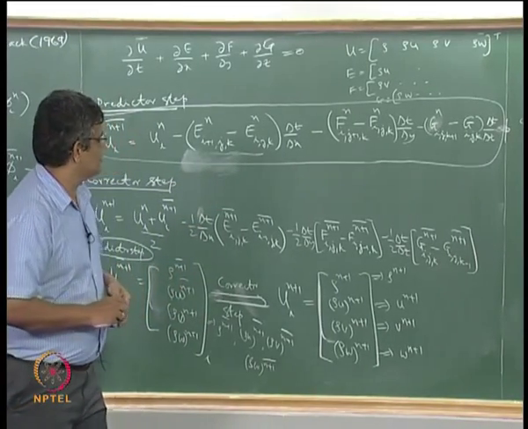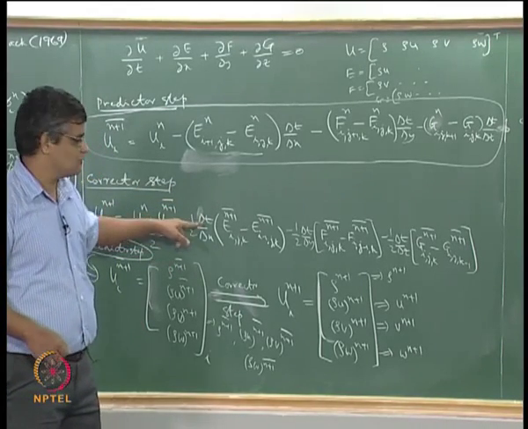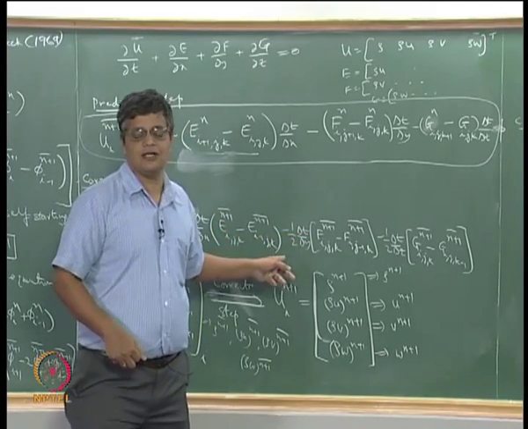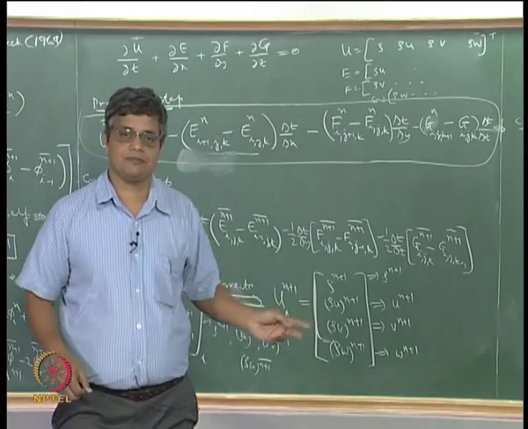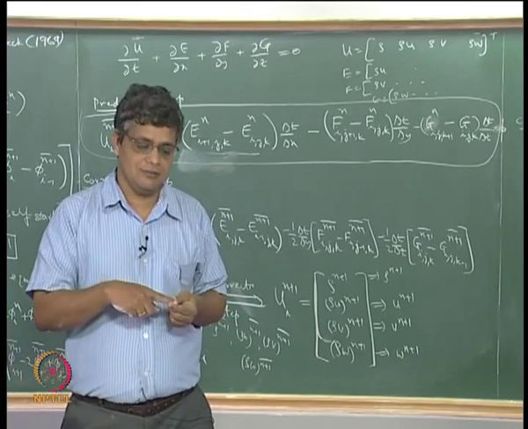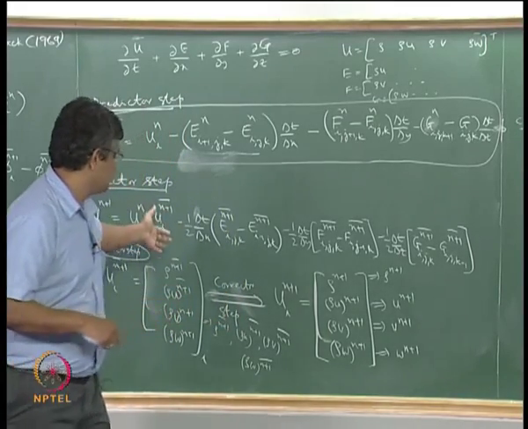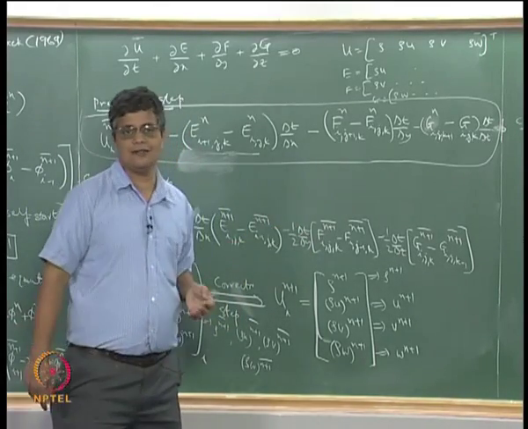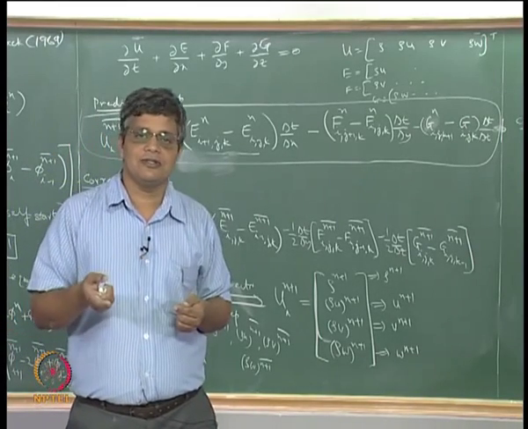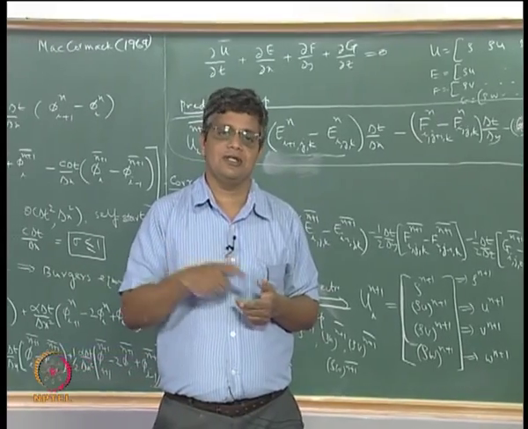The stability is not only determined by the advection term, something like the Courant number, but also by the diffusion, alpha delta t by delta x square, and it is also determined by the fact that now we have 3 dimensions in space. So we have the delta x term, delta y term and delta z term, and we have seen that when you go from 1 dimension to 2 dimensions for the pure diffusion case, the allowable time step is reduced.